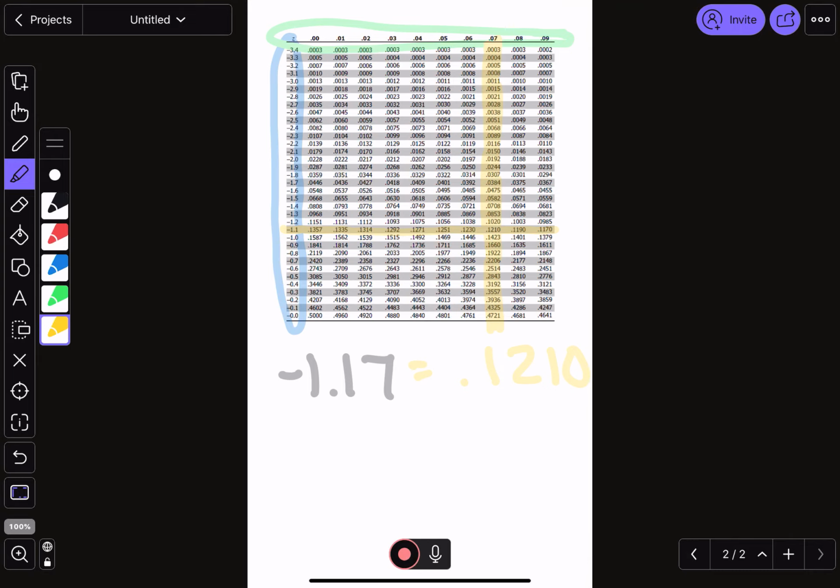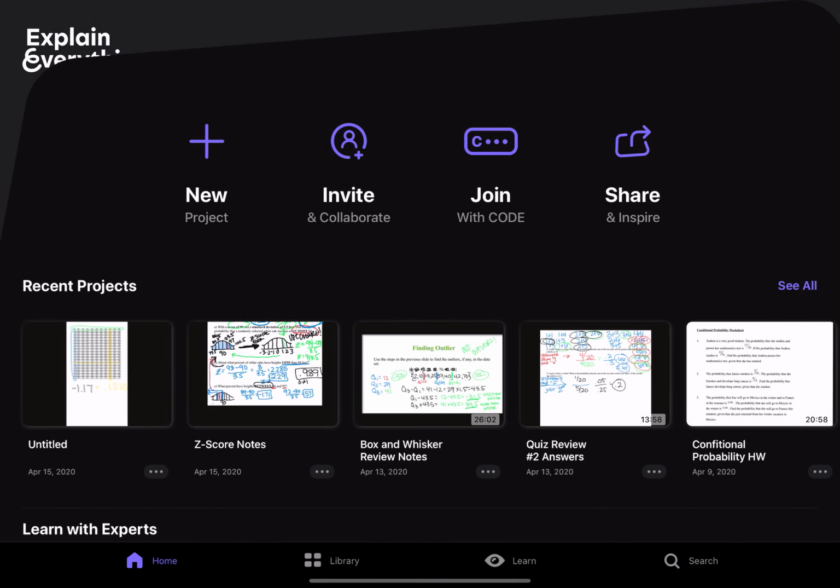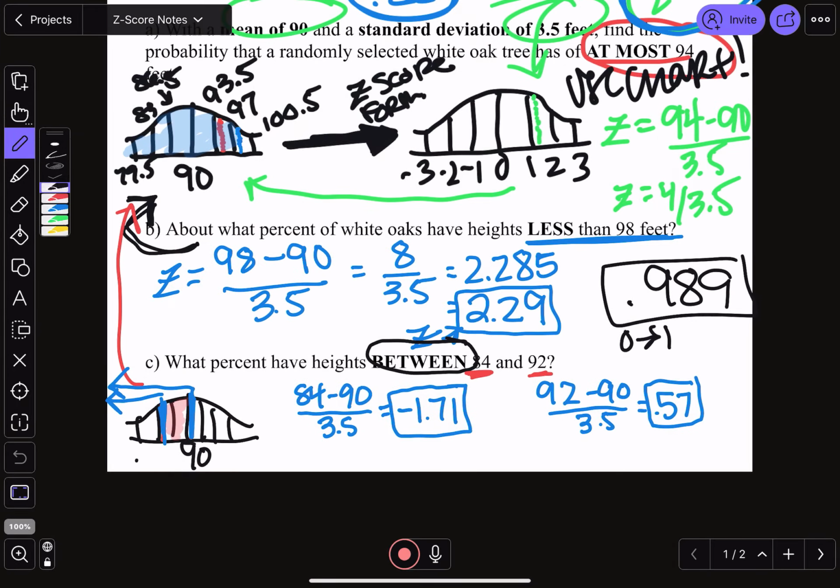So 0.1210. So that's my probability for this z-score. So that is this z-score to the left, that is that probability.